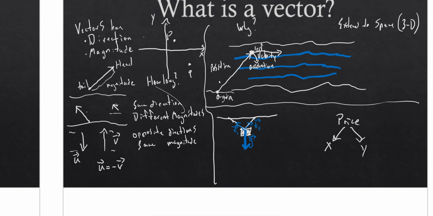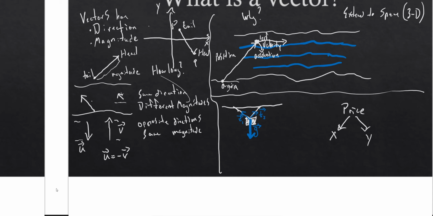If I just plot 2 points, I can draw a vector with tail at P and head at Q. Sorry, that's the tail. And that's a well-defined vector. So given 2 points in the plane, I can draw a vector between them.